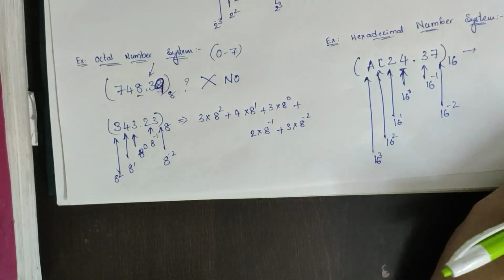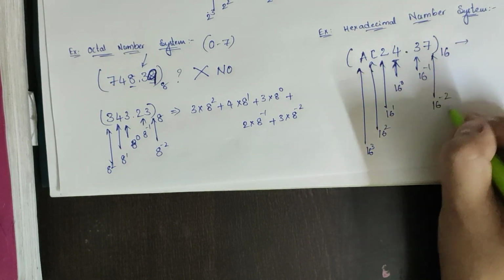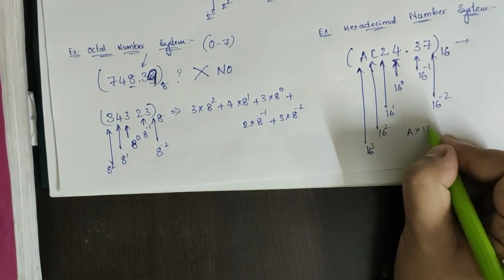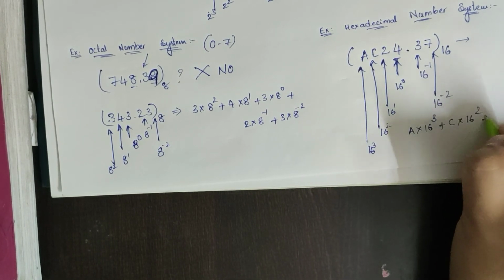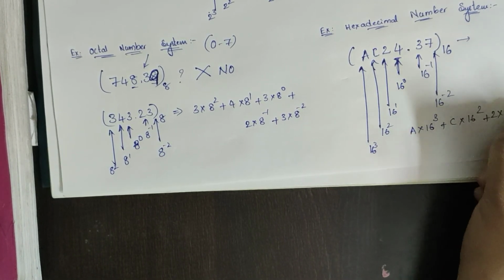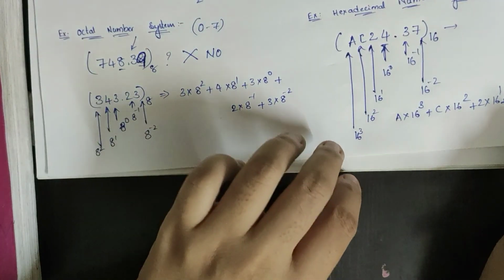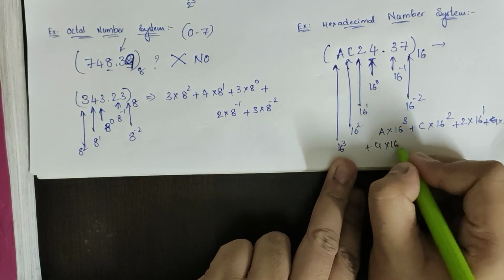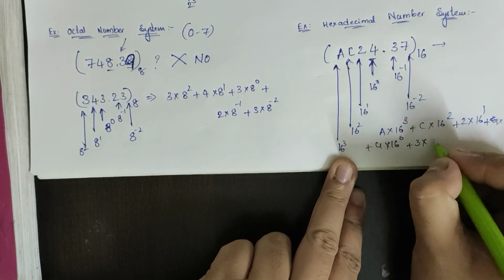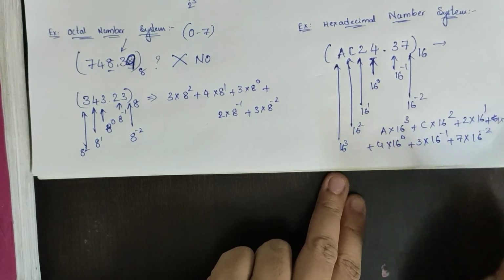Now I hope you know how to calculate it. So A into 16 cube plus C into 16 square plus 2 into 16 power 1 plus 4 into 16 power 0 plus 3 into 16 power minus 1 plus 7 into 16 power minus 2.